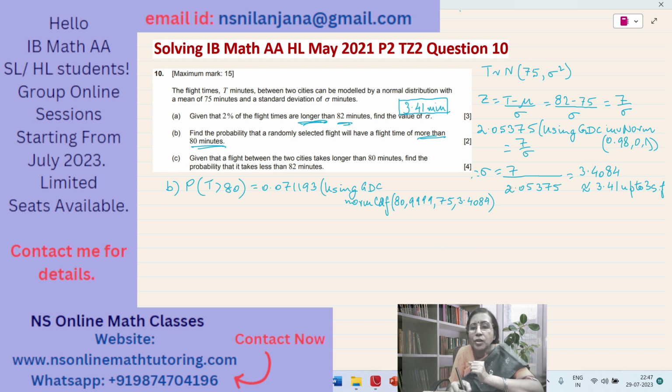You have to write this part, because otherwise you're just giving the final answer, which can give you just 1 mark, not 2 marks. You have to show how you came to this answer. So this is 0.0712 up to 3 significant figures. The answer is 0.0712.